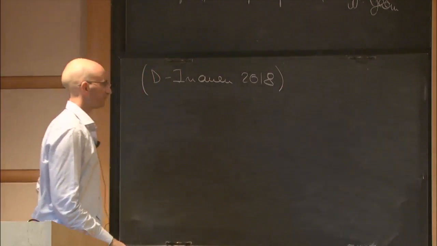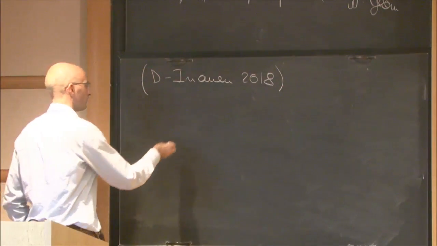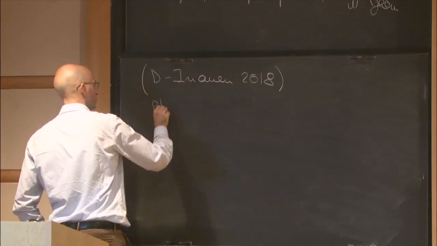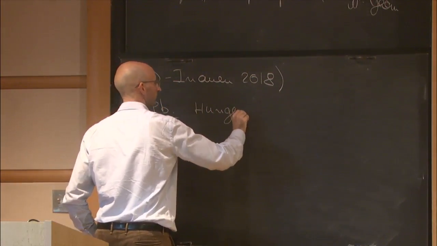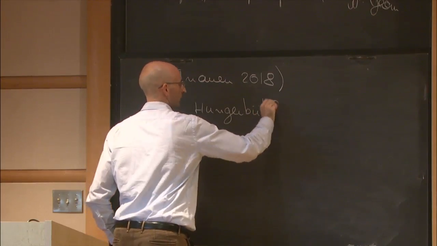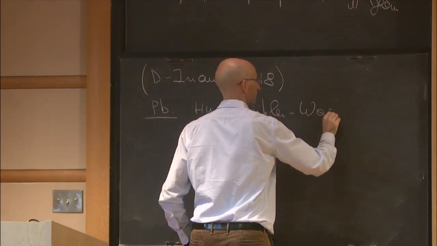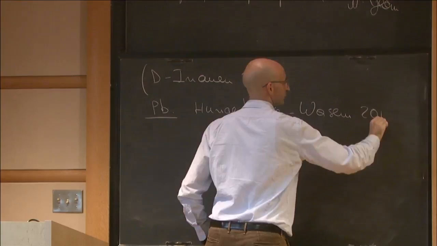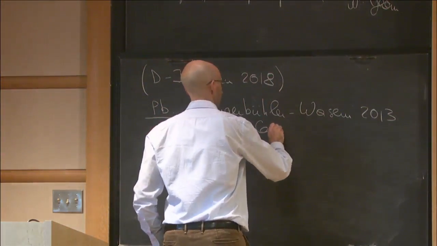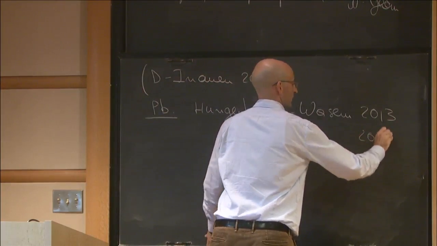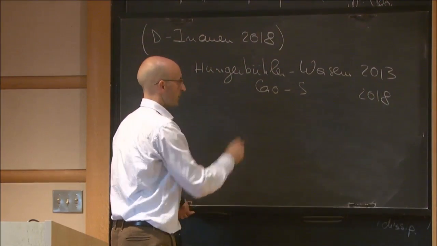OK, and let us just look at the following problem. This is a problem which was already studied by Hoelder, Bühler, and Wasem back in 2013, I believe. And it is also studied in this paper by Kao and Laszlo in 2018. So the problem is the following.